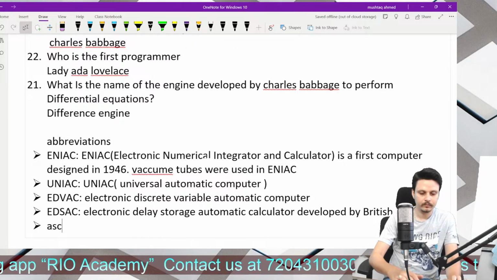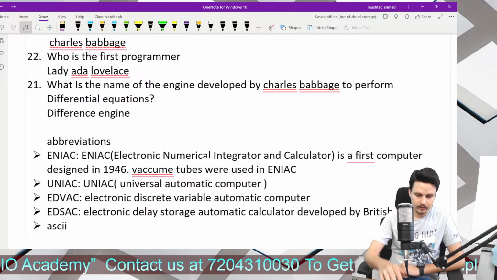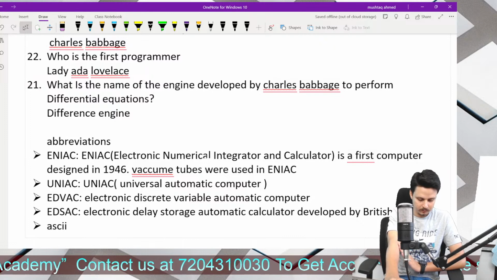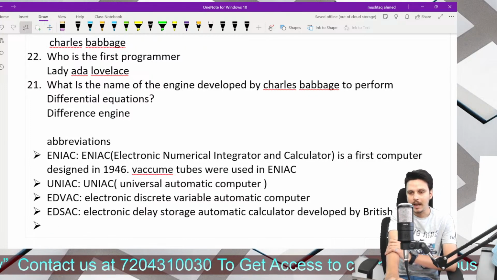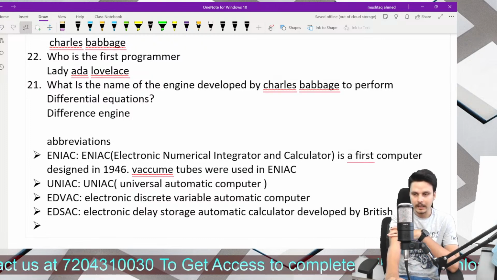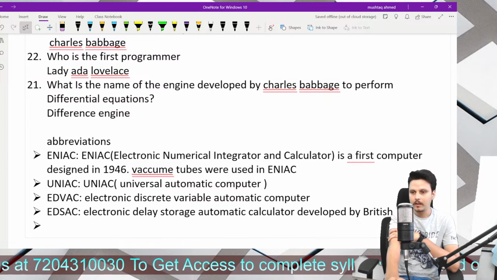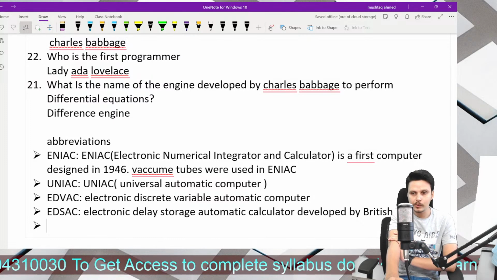ASCII. What do you mean by ASCII? ASCII is a format in which text is stored in the computer. You may get a question like, in which format is text stored?